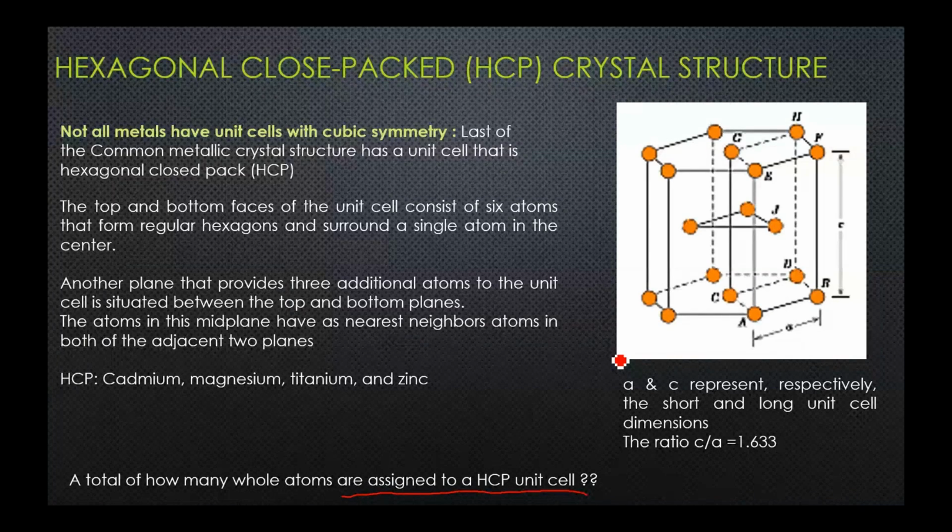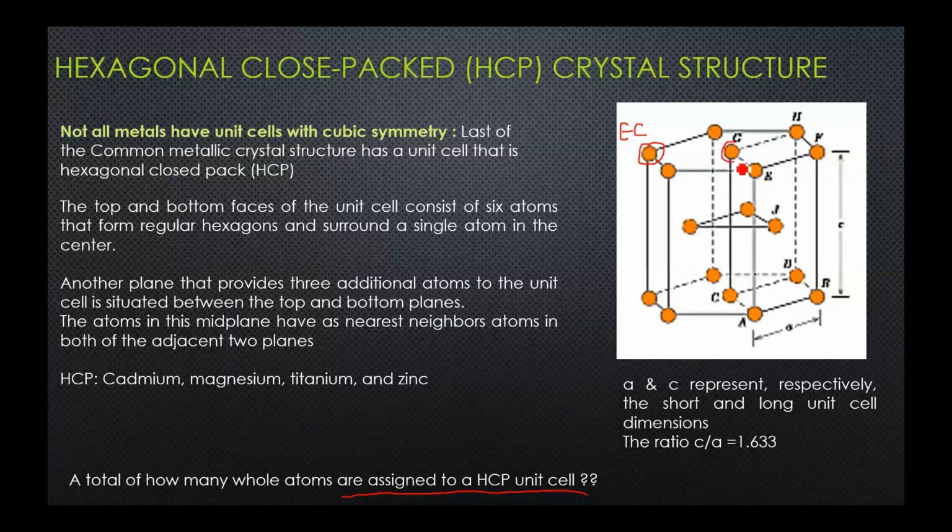In case of HCP, before we move on to finding the total number of atoms, let's identify the atoms having common characteristics. I'll divide these atoms into 3 categories. One is the atom which is at the corner of the edges, the edge corner atom.